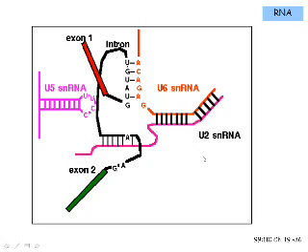This is a diagram that tries to show you how, remember that SNRPs, small ribonucleoproteins, are both RNA and protein as a particle. This is just showing you how some of the RNAs in the SNRP interact with the messenger RNA. Question? Okay. And you can see here how you have the exon 1 here. This is intron here.